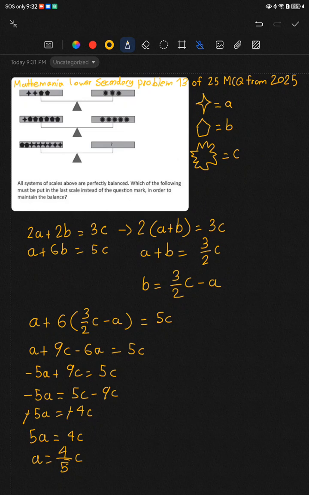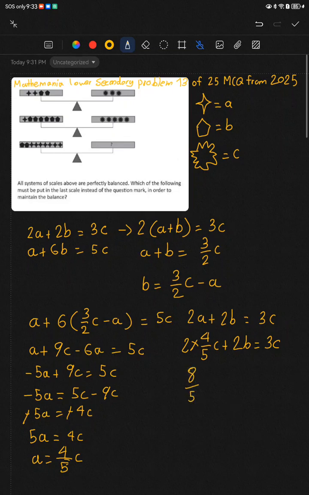We then substitute the value of A into the first equation. 2A plus 2B becomes 2 times 4 over 5 C plus 2B is equal to 3C. This becomes 8 over 5 C plus 2B is 3C.